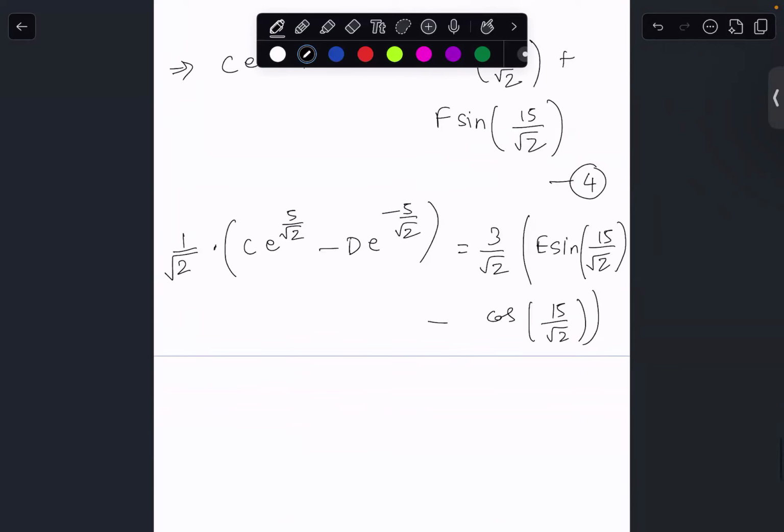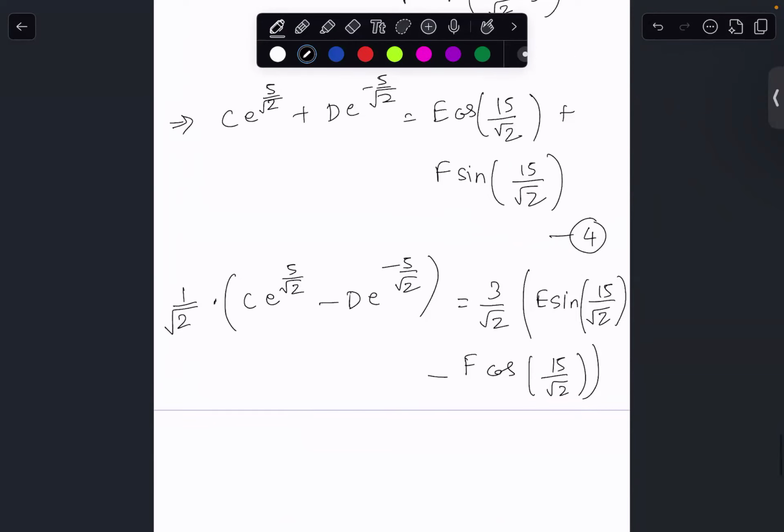I'm sorry, this should be f. And let's just call this equation 5.